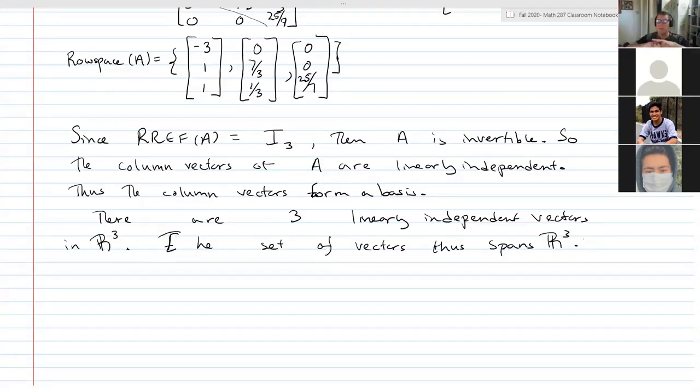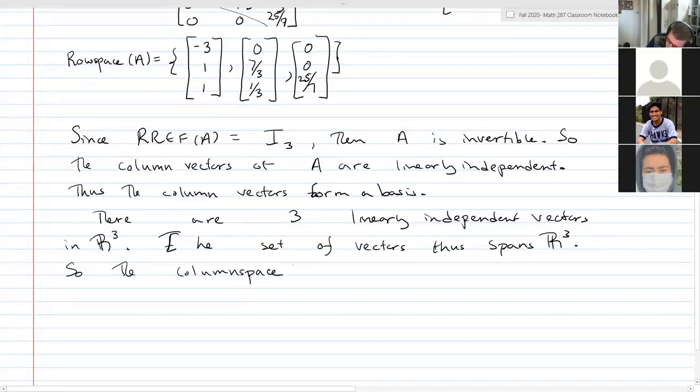So we end up with three linearly independent vectors that give us all of R3. We can go anywhere within R3 utilizing those three vectors, and thus it spans R3. So the column space of A forms a basis for R3.